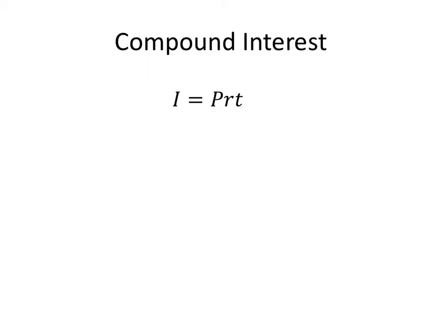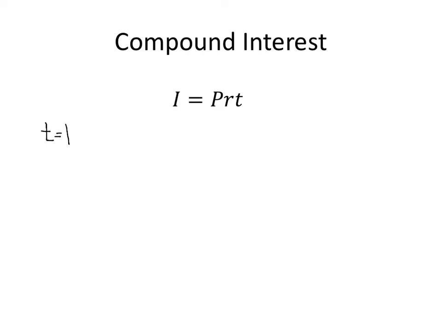And what we say is, when we compound interest, that means that we're paying interest on the principal balance and the interest already earned. This is what happens with your savings accounts, with your credit cards, pretty much everything is calculated with compound interest. So let's let our time be equal to a year.